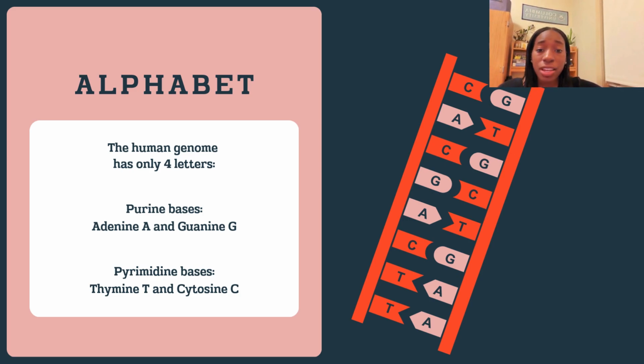And given how long DNA is, I think the next slide actually has a fun fact about its exact length. But given how long DNA is and how many base pairs it has, it is inevitable that mistakes might occur.